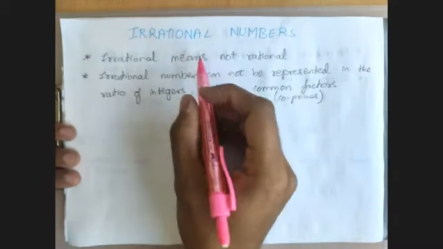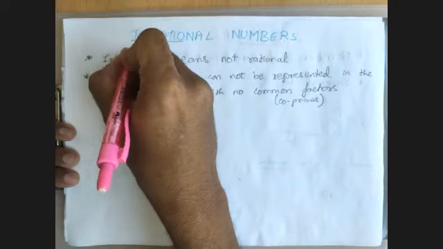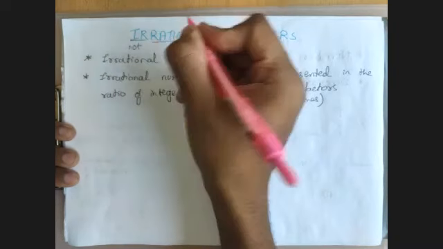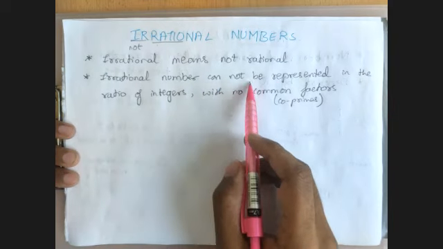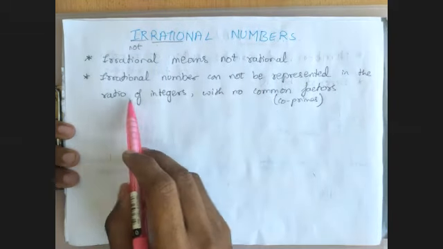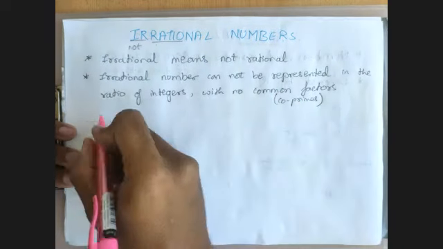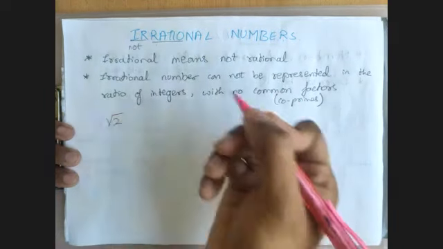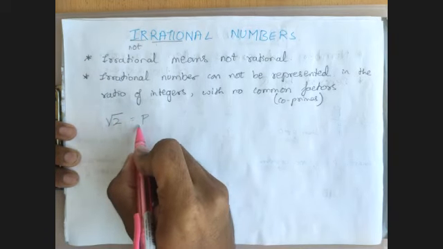Irrational number means which is not rational. So an irrational number cannot be represented as a ratio of integers with no common factors. Like if we take root 2 as an example, this cannot be expressed in the form of p by q.